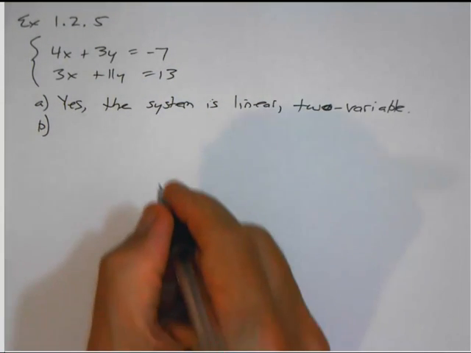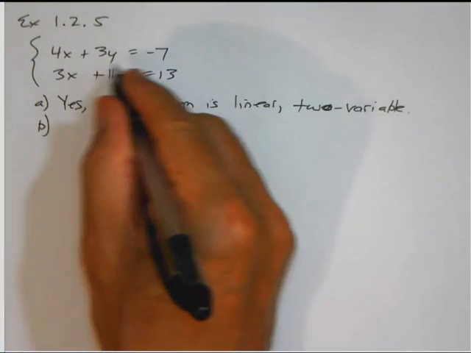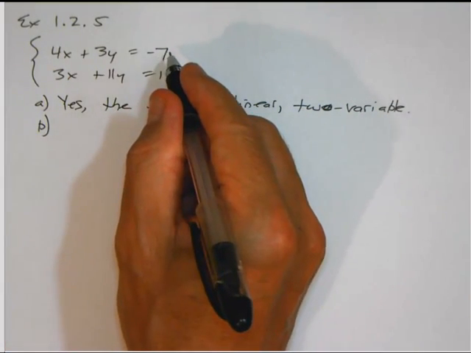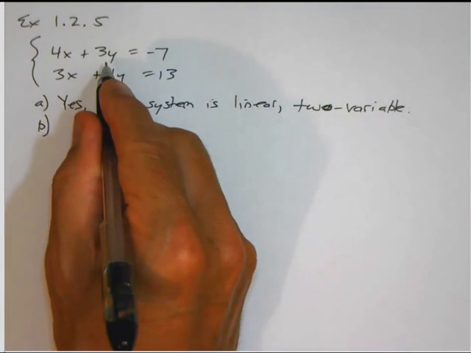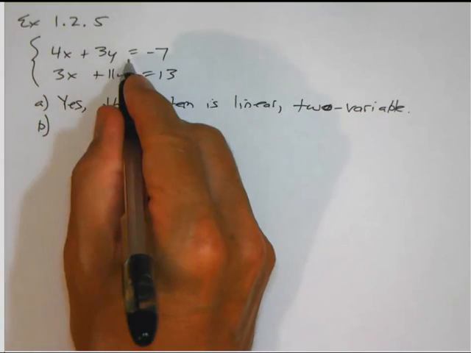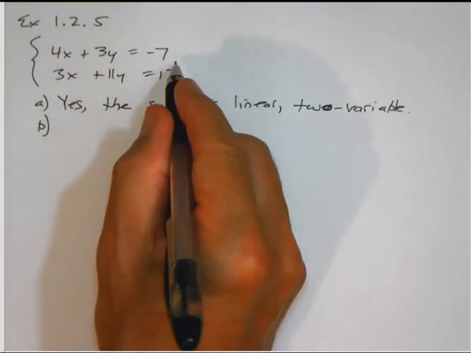Alright, if we want the calculator to do this graphically, we need to have y solved for in each case in order for the calculator to graph the solutions. So let's take this first equation, solving for y, not so bad here. Subtract 4x from both sides, divide both sides by 3.